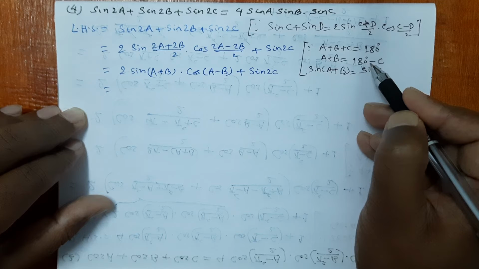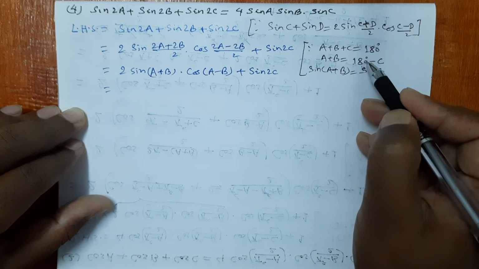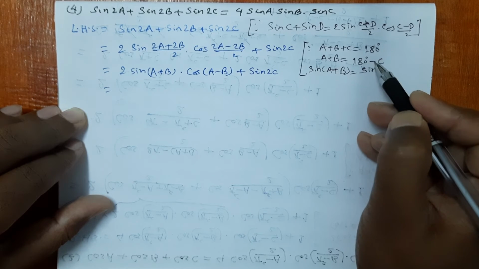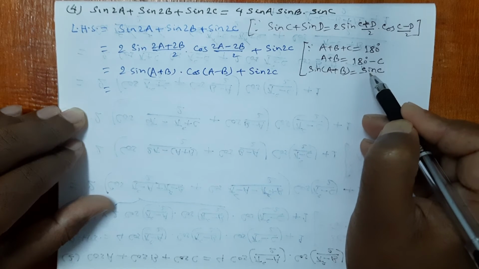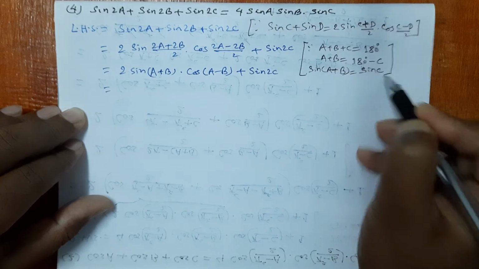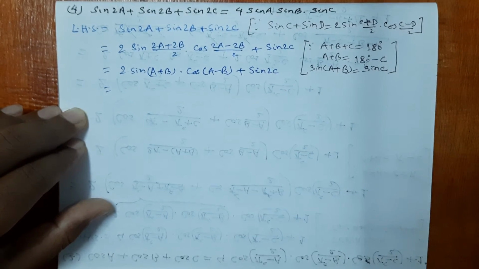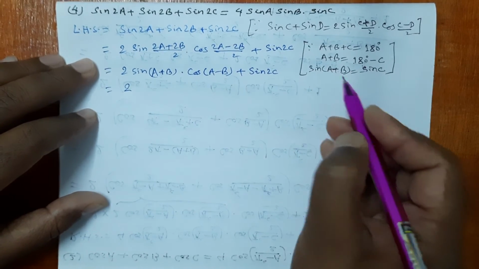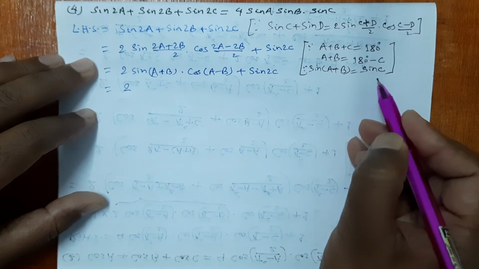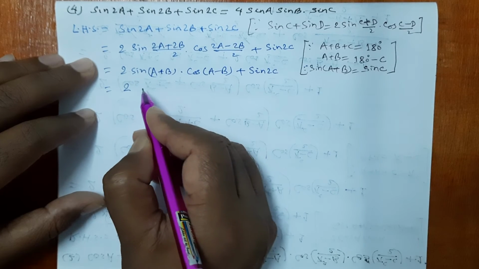So 2 is an even number, 180 is an even multiple of 90. So if you take sine, then this trigonometrical ratio does not change, sine remains sine.